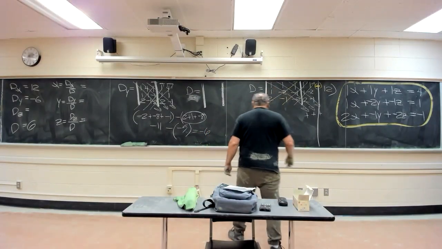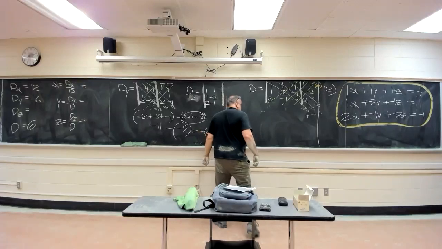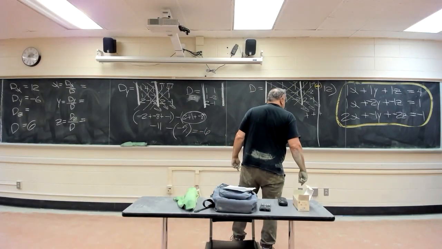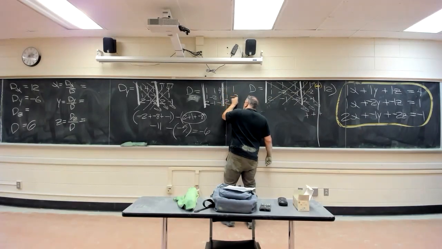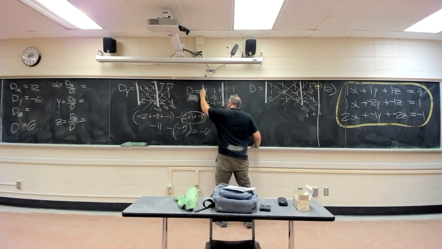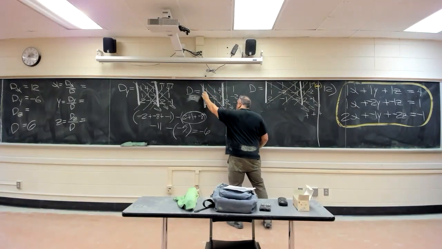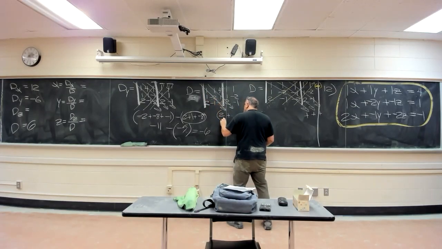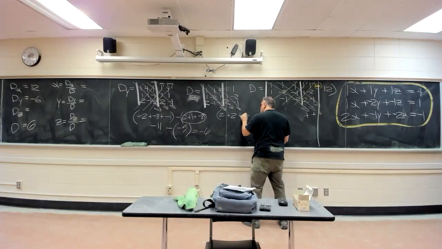1, 1, 2, 1, negative 2, negative 1. 1, negative 2, negative 1. 4, 1, negative 1. 1, negative 2, negative 1. 1 times negative 2 times negative 1 is 2. 1 times 1 times 2 is also positive 2. 4 times 1 times negative 1 is negative 4.